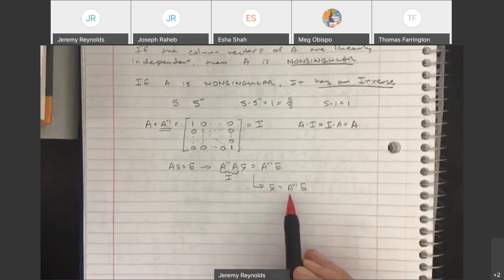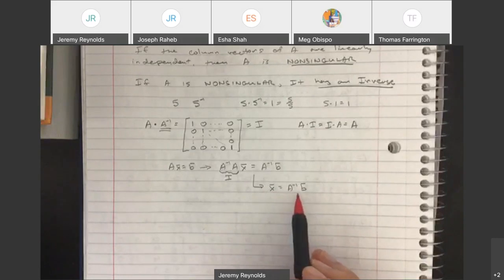You can just say x equals the multiplication of A inverse times B.